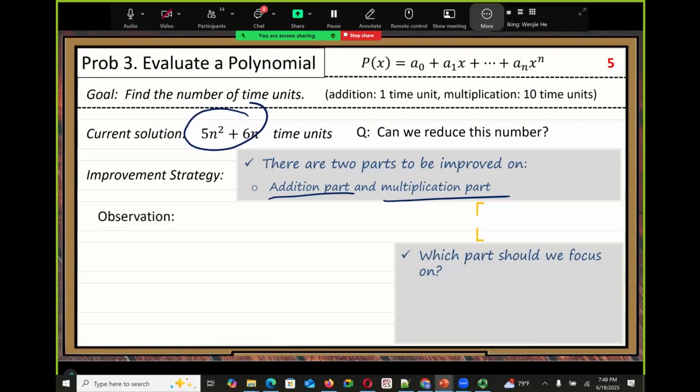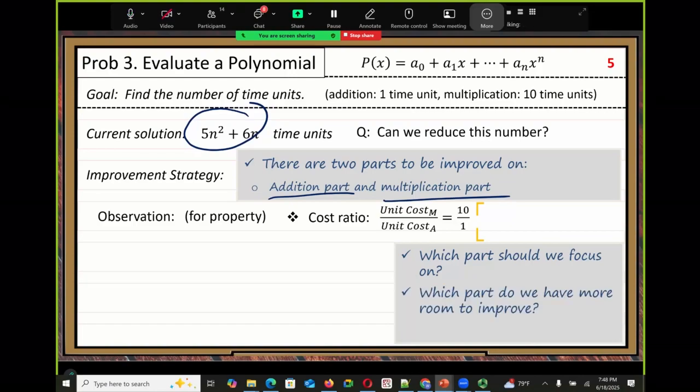Observation: we know the ratio of these two operations is 10-to-1. The unit cost of multiplication over the unit cost of addition is 10-to-1. So which part do we have more room to improve?